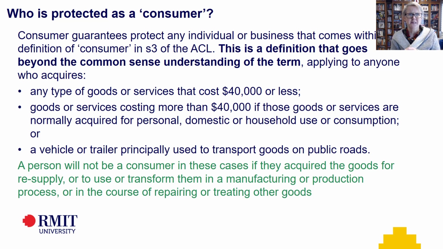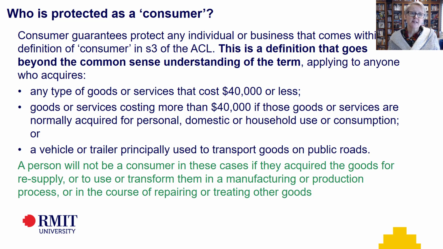I think of the consumer as somebody who goes to a retail shop and buys some retail goods. That's what consumer means in the ordinary sense of the word. But as far as the law is concerned, the statute defines consumer by reference to the size of the transaction and the type of transaction it is.